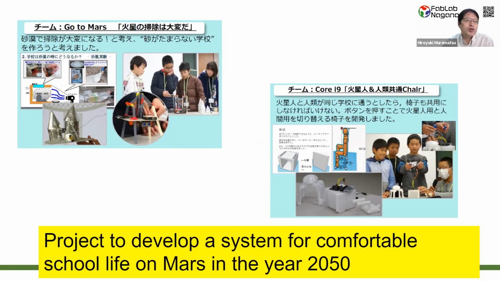They thought about the image of a school on Mars. Martians like octopuses, like in science fiction movies.